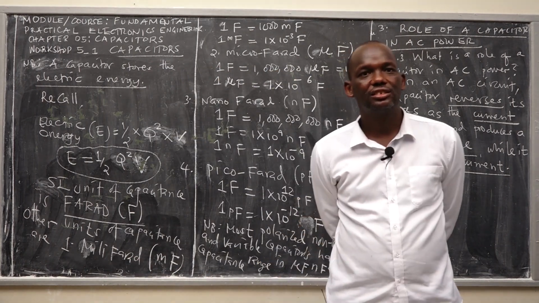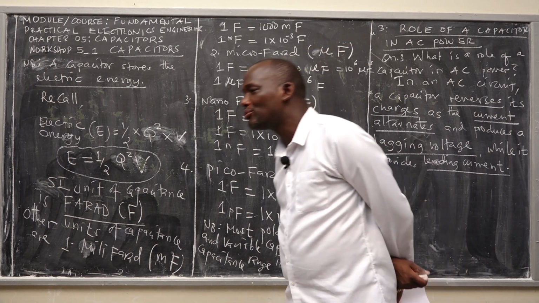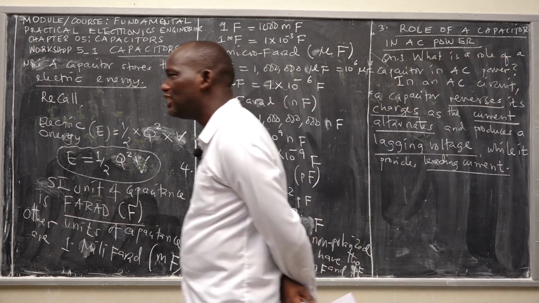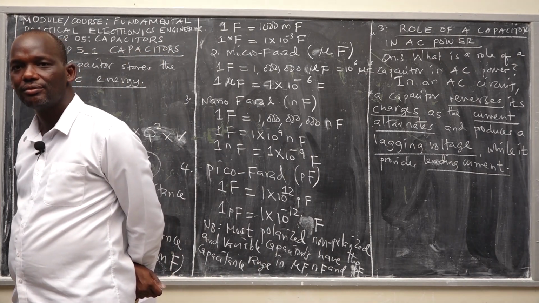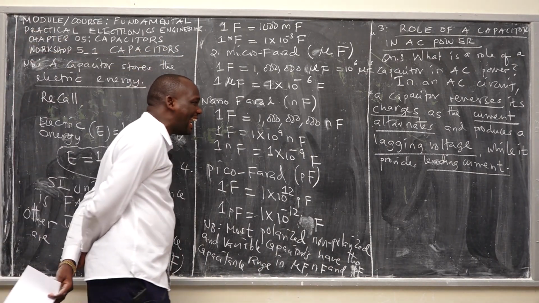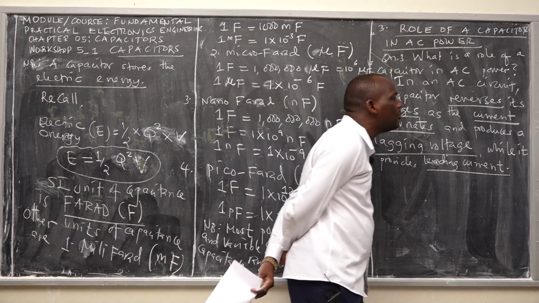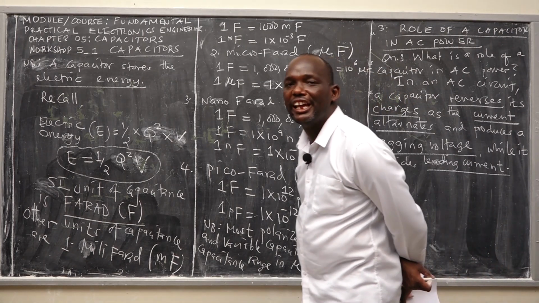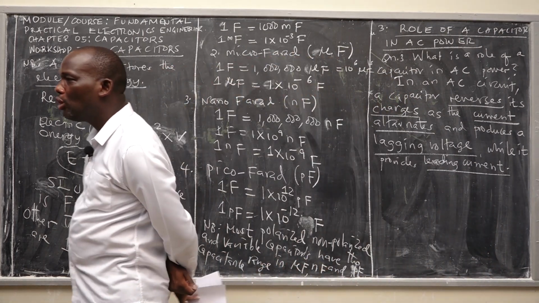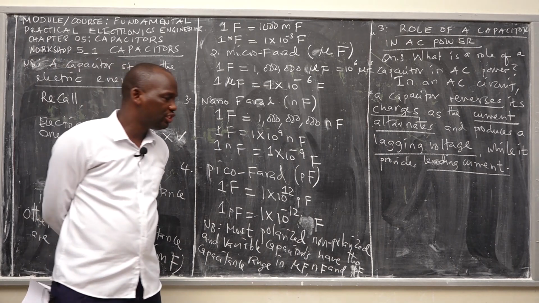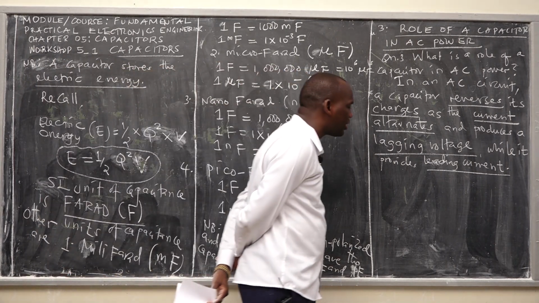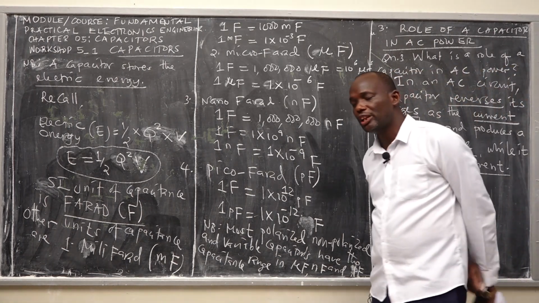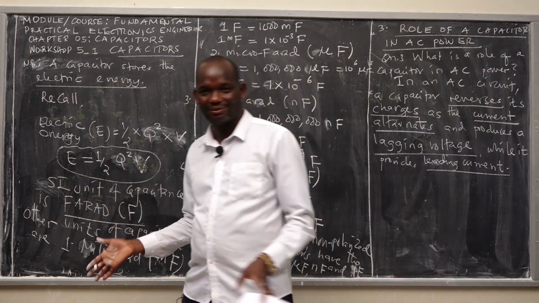Lagging is something lagging behind, and leading is something leading ahead of the other one. We hear these terminologies often when a capacitor and inductor are used in AC power system. We teach this concept to advanced secondary students in the topic we call current electricity and the special part we call AC theory.